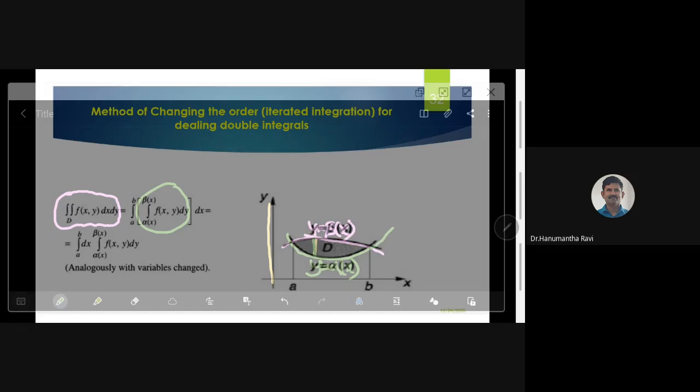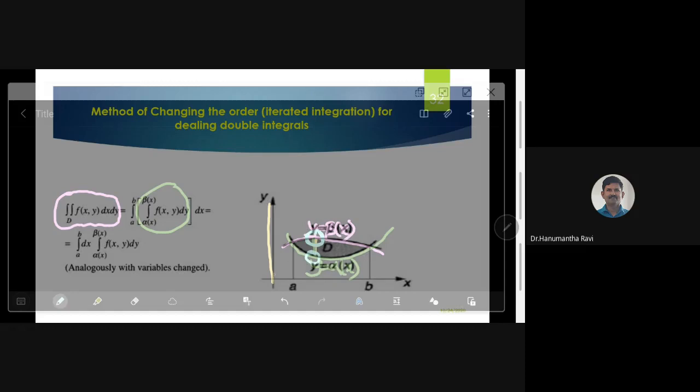Now, this strip rests on both the curves. The lower part of this strip rests here and the upper part rests on this curve. So what will be the y value?